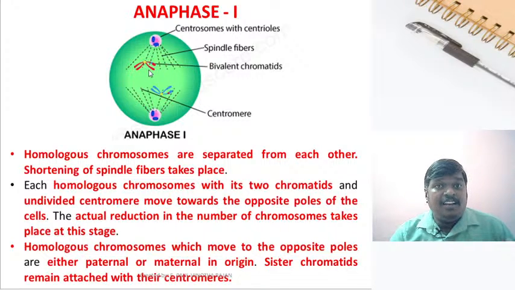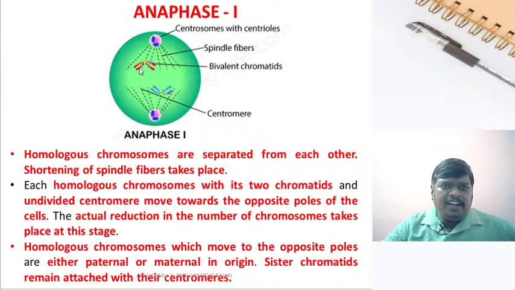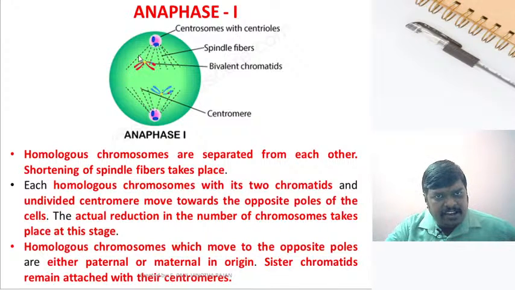Maternal means from the mother. Paternal means from the father. So here you can see that the whole structure, the chromosomes, has the chromatids, the centromere, the kinetochore, all of it will be there.